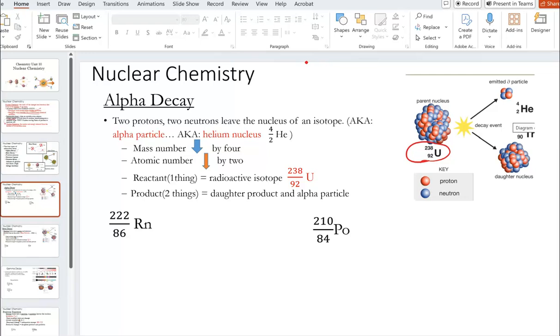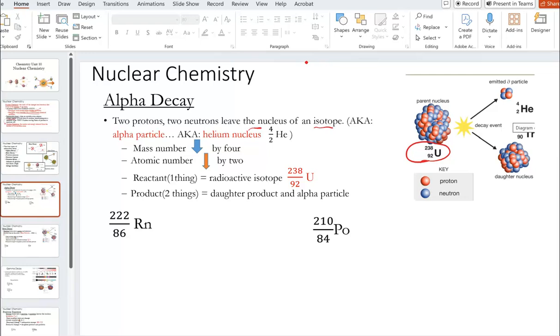The 238 is the mass number, the number of protons and neutrons in the nucleus of the isotope. And 92 is the atomic number, which tells you how many protons are in that nucleus. When alpha decay occurs, we're talking about changes in the nucleus: 2 protons and 2 neutrons leave the nucleus of the isotope.